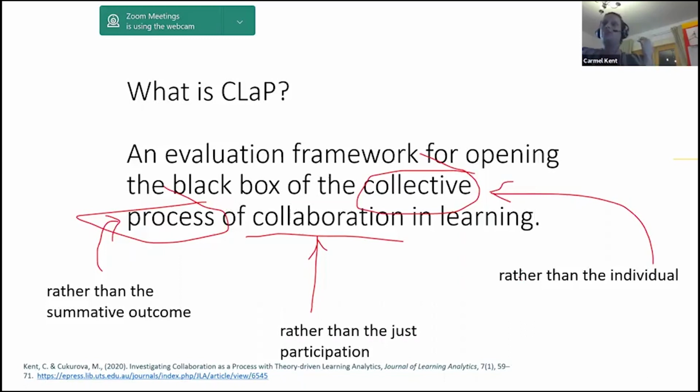So what can be seen, visualized, or gained even on top of just who speaks out, who writes something on the discussion board? How do they really collaborate, not just who speaks?